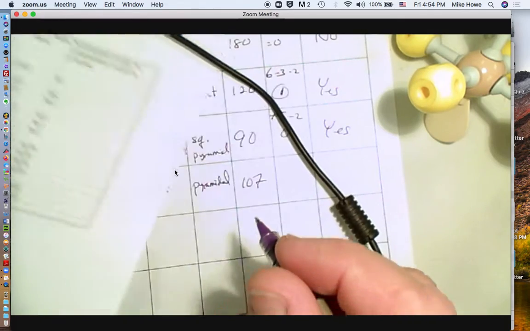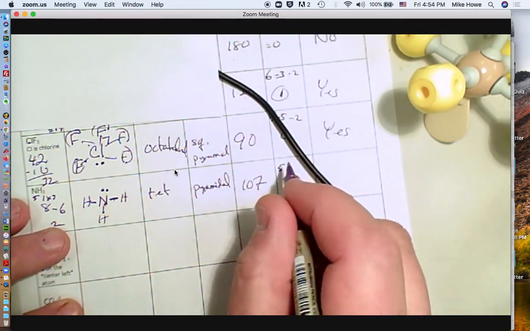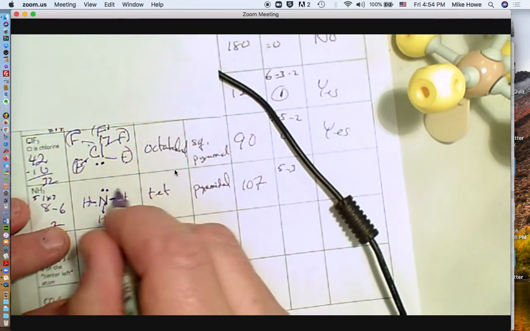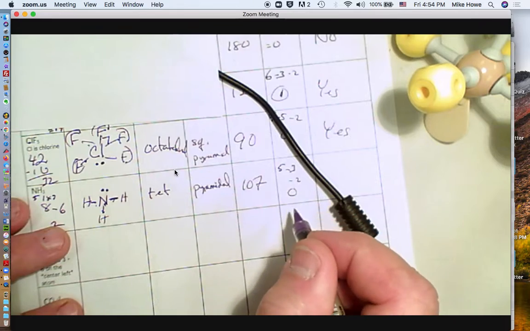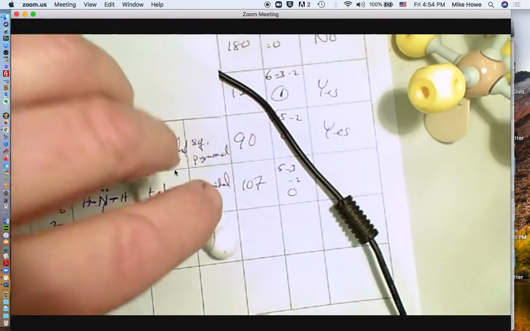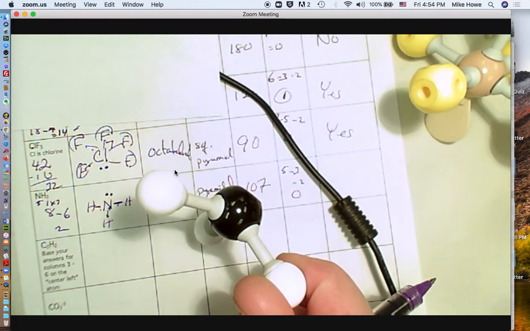Center atom formal charge, nitrogen had 5, so you'd have 5 minus half of the shared, there's 6, so half of that's 3. All the unshared minus 2 gives you 0 formal charge. And if you look at the model, it'll be this thing without this atom. So it's a pyramid.